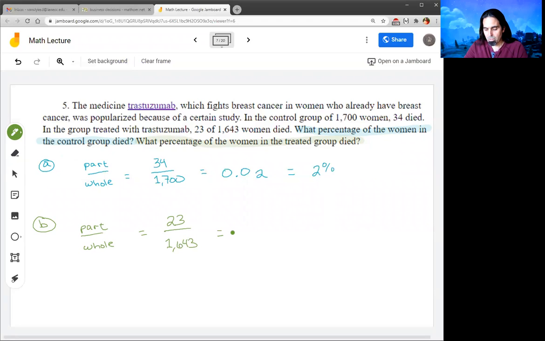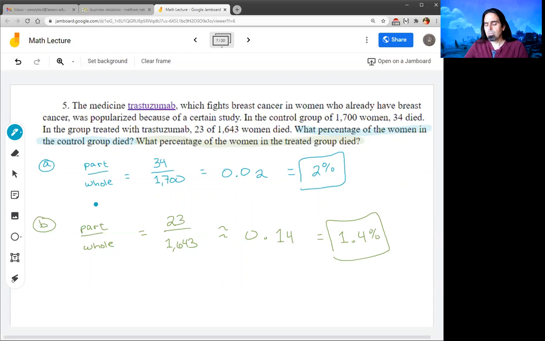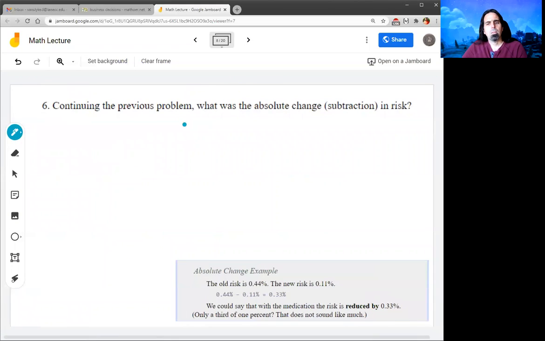So 23 divided by 1,643 is about 0.014, so 1.4%. So far, so good. The medicine works. A smaller percentage died from the cancer.